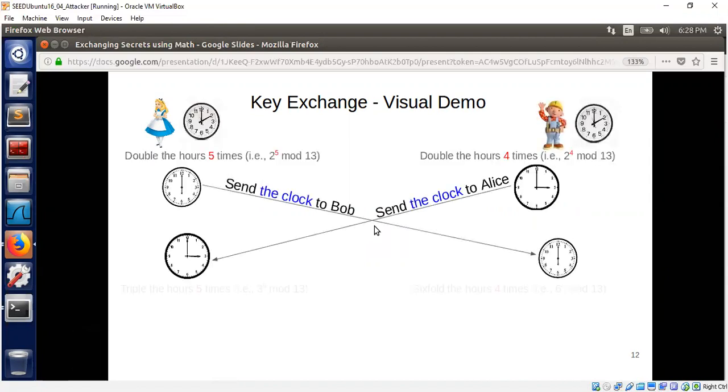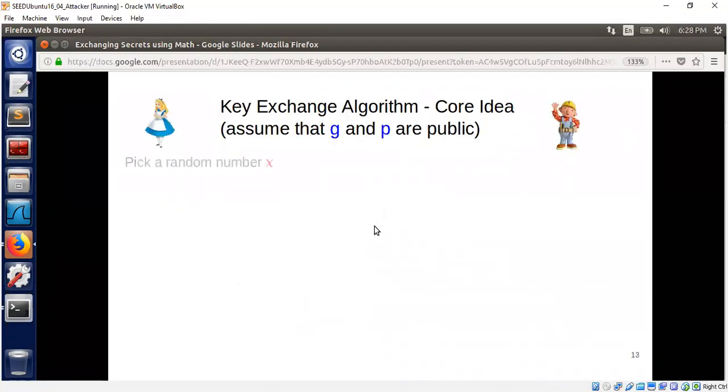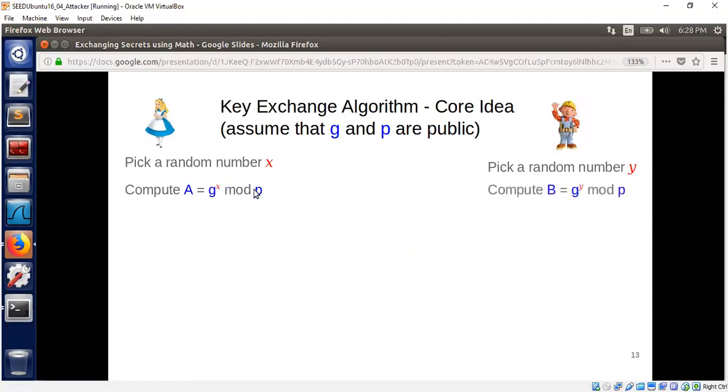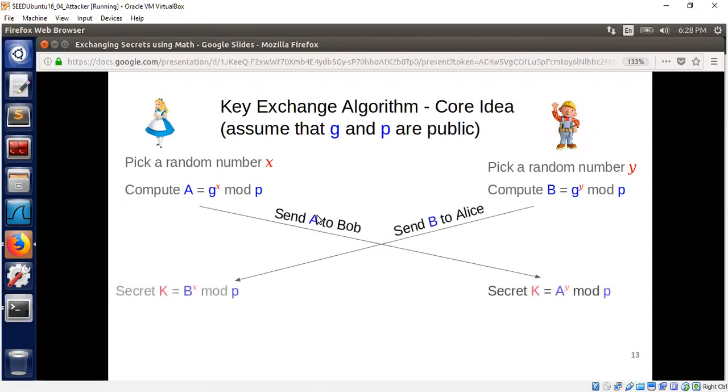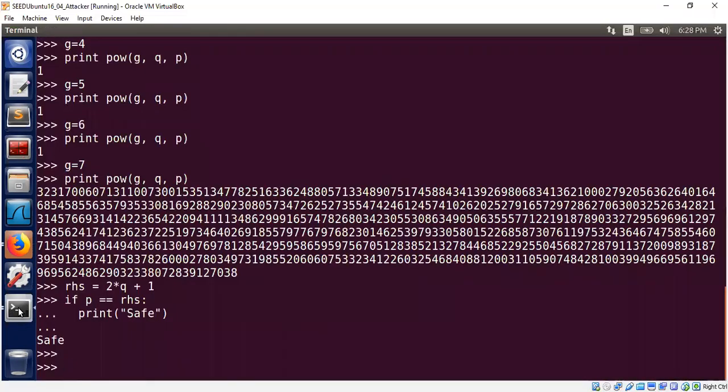The private exponents are X and Y, respectively, for Alice and Bob. If we choose the wrong G, in this case, for example, G equal to 7, I will show you, we can find out the least significant bit of X or Y. In fact, both. So it's enough to show you only one.